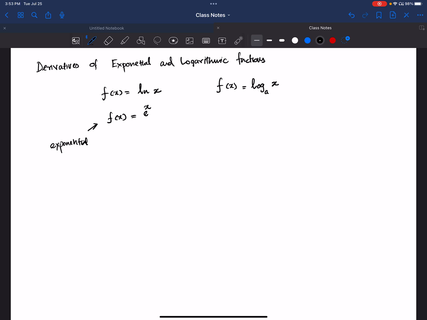e, the natural exponent, and then you could have f of x equals a to the power x, or f of x equals b to the power x, so b could be any base. The log function of that could be log base b of x.